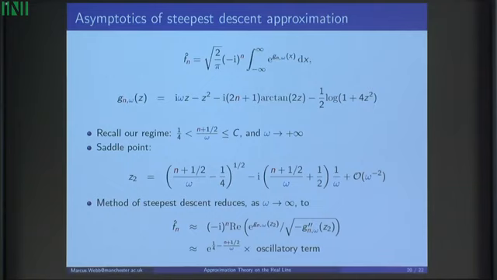And after doing more heroic algebra, we get a nice formula which says the coefficients in this regime, which is just the initial regime for large omega, look like exponential convergence in n times some bounded oscillatory term. And as omega gets bigger, the rate of convergence gets worse linearly.